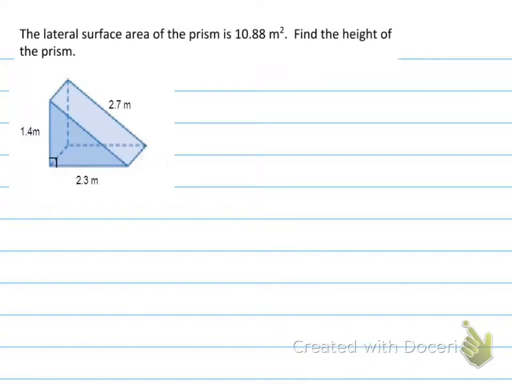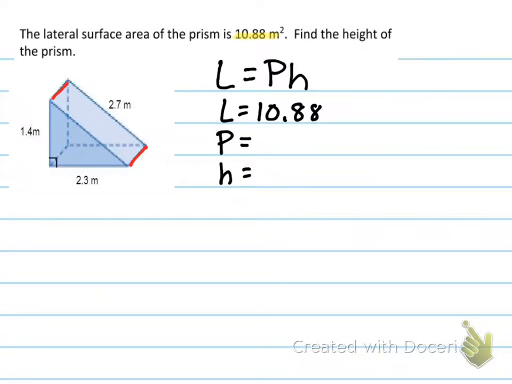For this next one, we have the lateral surface area of the prism is 10.88 meters squared. Find the height of the prism. So we need to find the height of the prism, the distance between the two bases. I'm going to write my formula for lateral, which is PH. We have the lateral, 10.88. P and H are what we need to find.